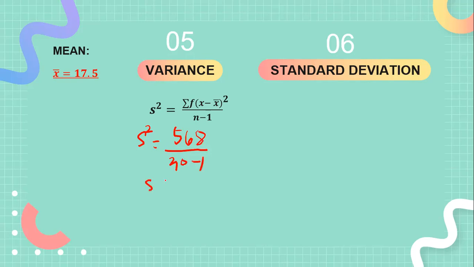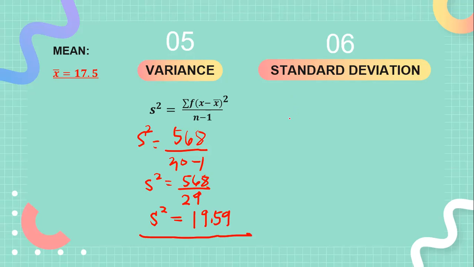So s squared is equal to 568 by 29. So s squared is equal to, class, 19.59.